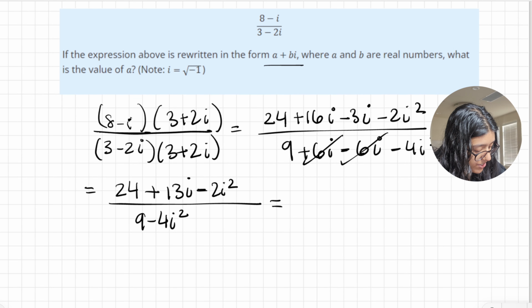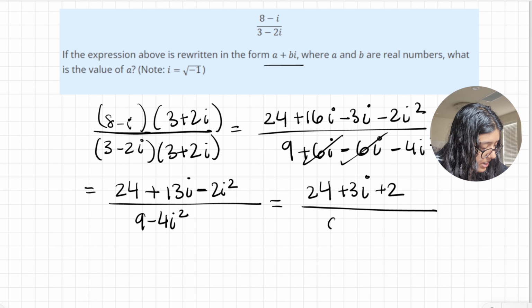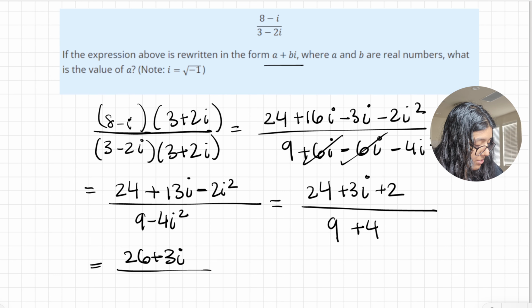Simplifying this even further, the top part remains 24 plus 13i, but we know that i squared is -1, so -1 times -2 is +2. Over 9, we know i squared is once again -1, and -1 times -4 is +4. So simplifying the top again, we get 24 plus 2, which is 26, plus 13i, over 9 plus 4, which is 13.